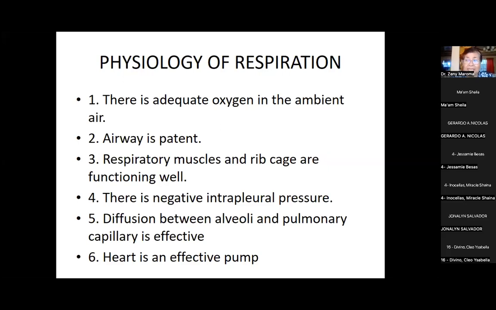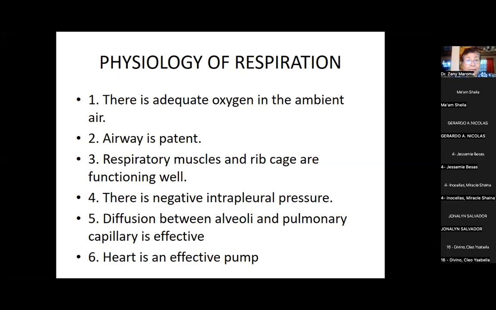It consists of nitrogen, which is about 78.6%, oxygen, which is about 20.8%, traces of carbon dioxide, which is about 0.04%, water vapor, and other gases that are 0.05%. Add them all, so total of 99.99%. Okay, so the air that we breathe in consists of different gases.